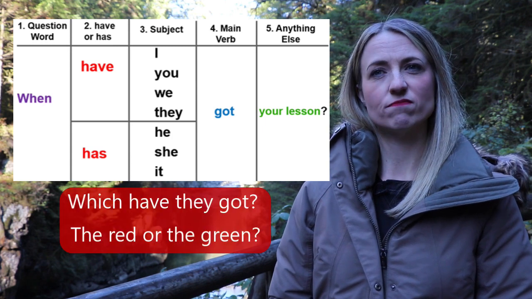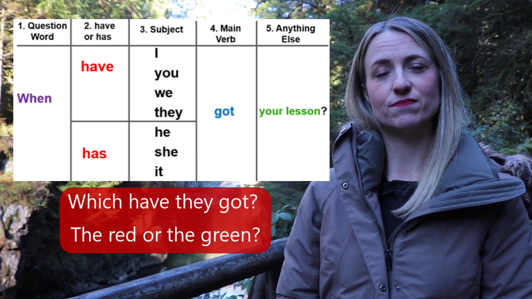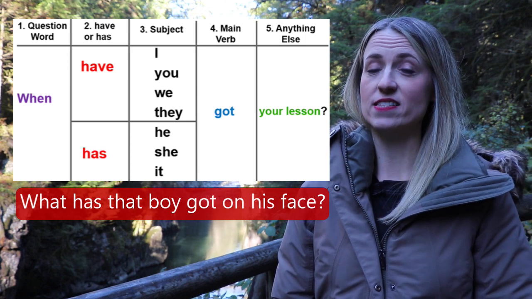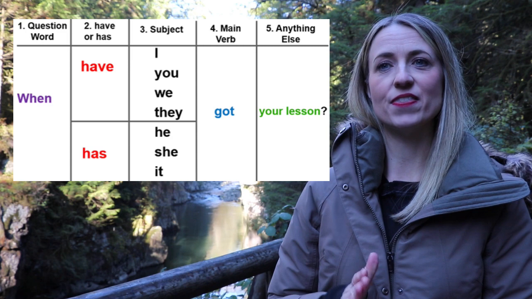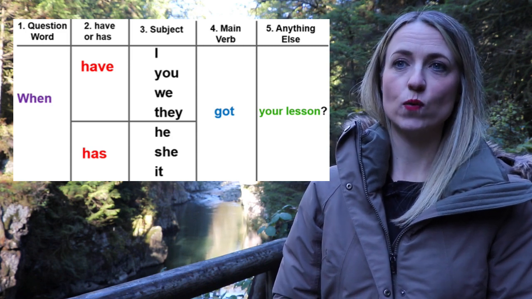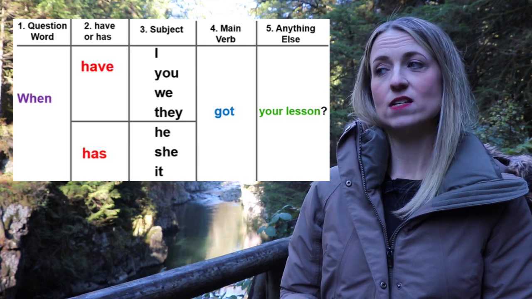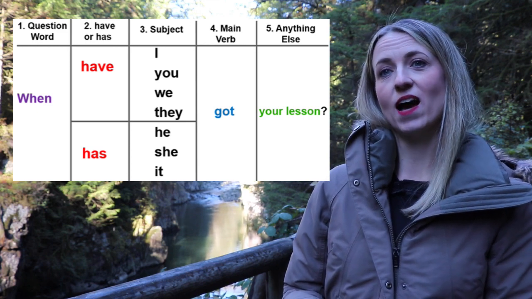Which have they got? The red or the green? What has that boy got on his face? Apply the exact same pattern with question word, helper auxiliary verb, subject, base verb, and anything else.